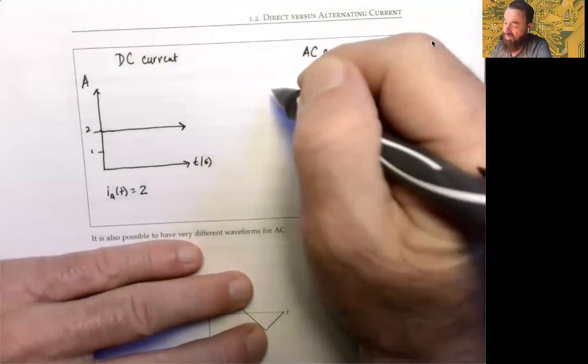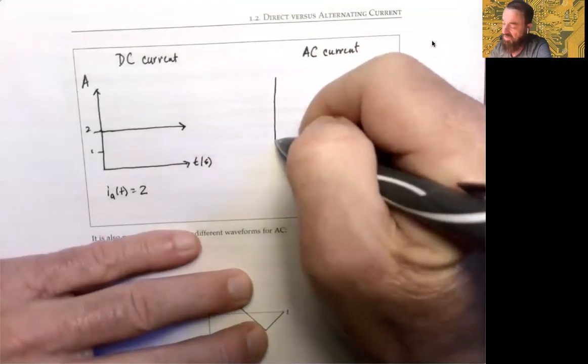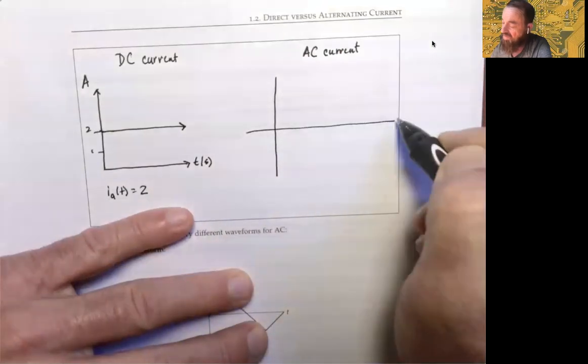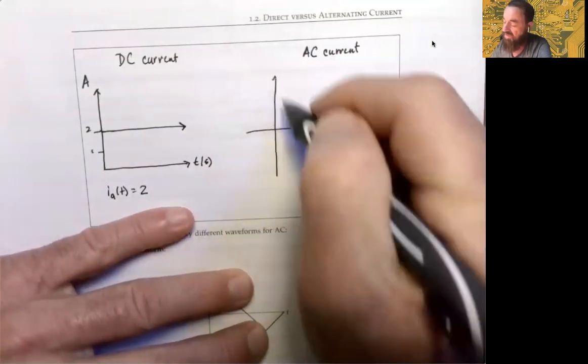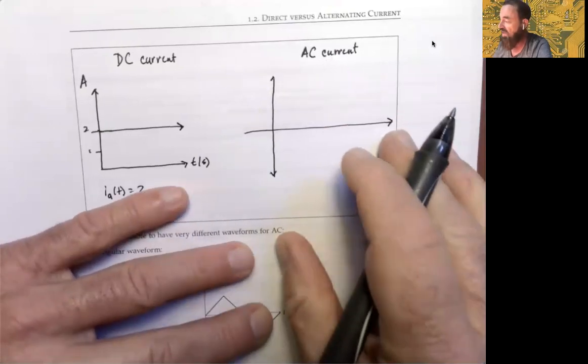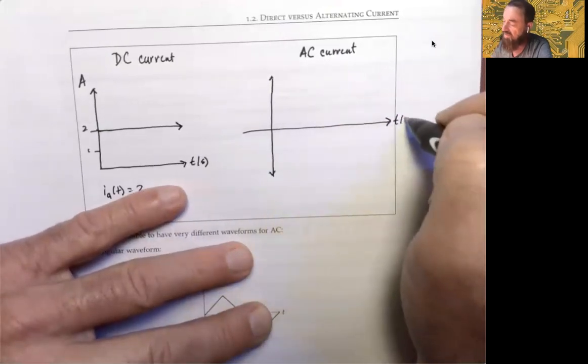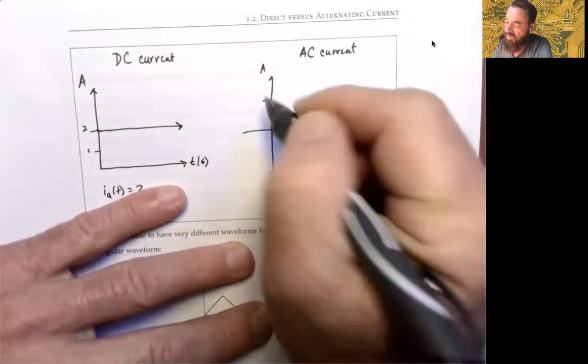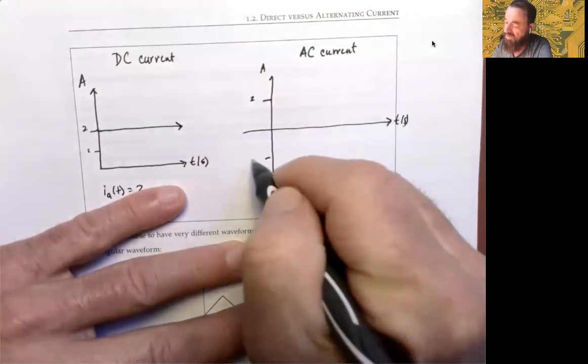AC current, however, is very different. In this case, it can change signs and magnitudes. So we're going to draw the graphs slightly differently here, using both sides of the y-axis. Again, we'll let time be seconds, and we are measuring amperes. But let's suppose we come up to 2 and can drop to -2.